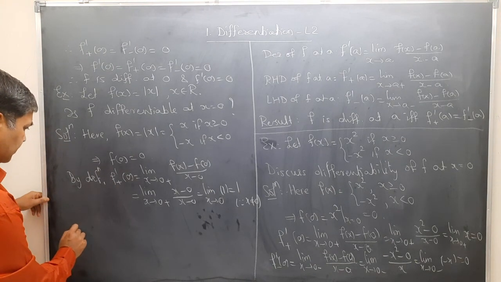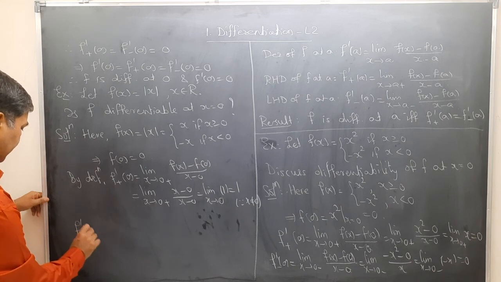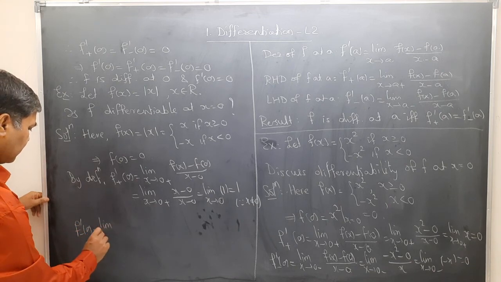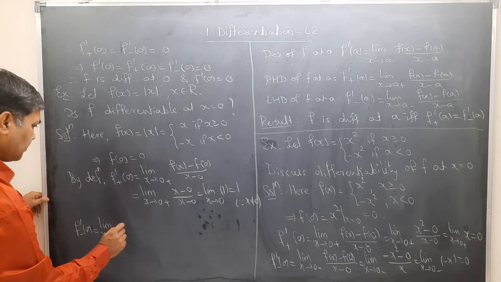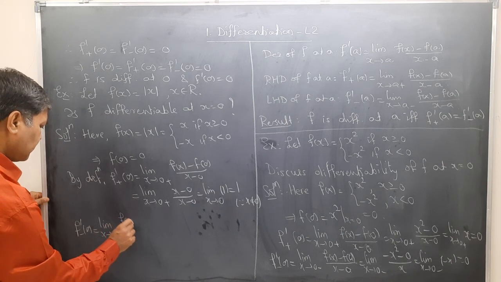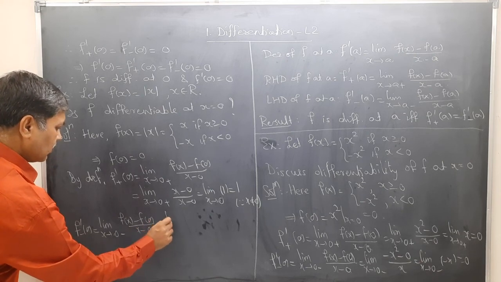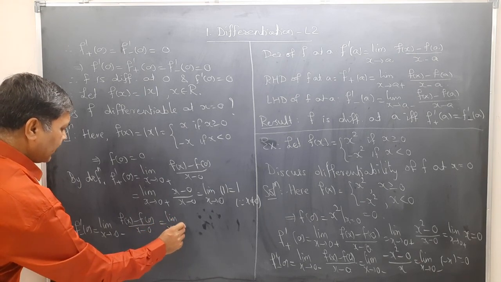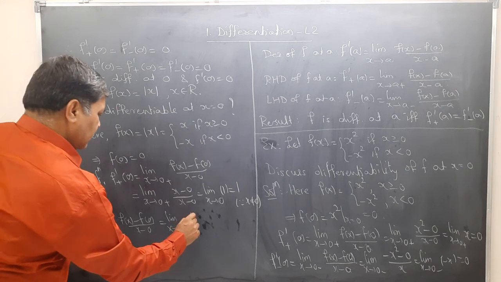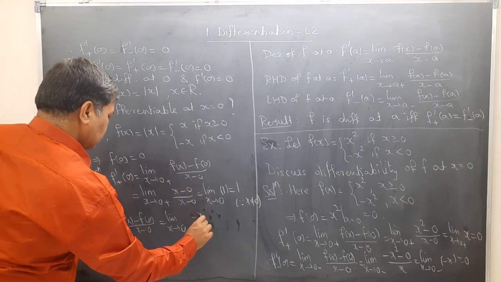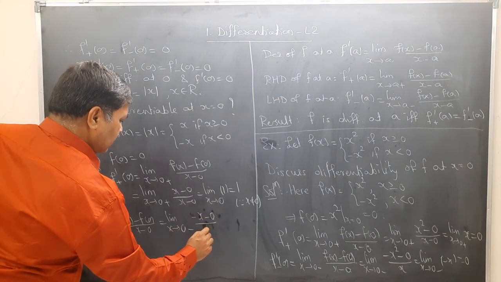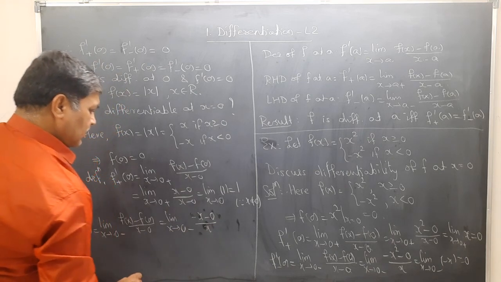f dash of minus 0 is equal to limit x tends to 0 minus of f(x) minus f(0) upon x minus 0, which is limit x tends to 0 minus of minus x minus 0 upon x, right?